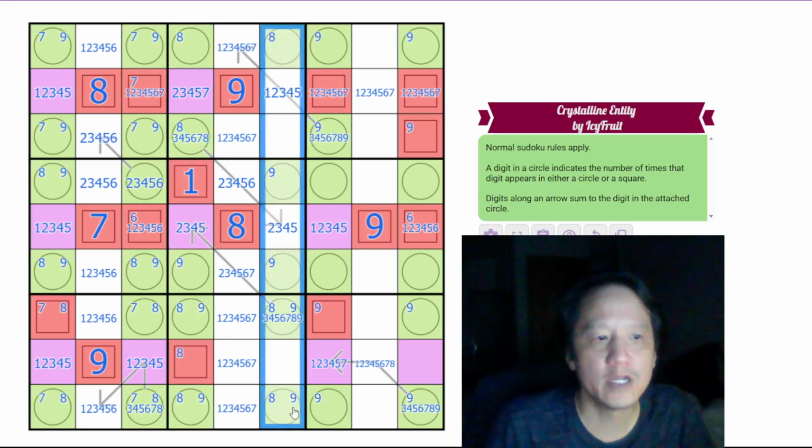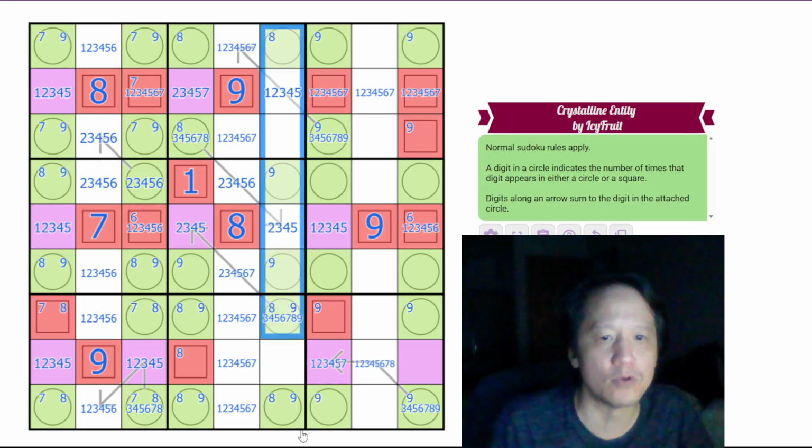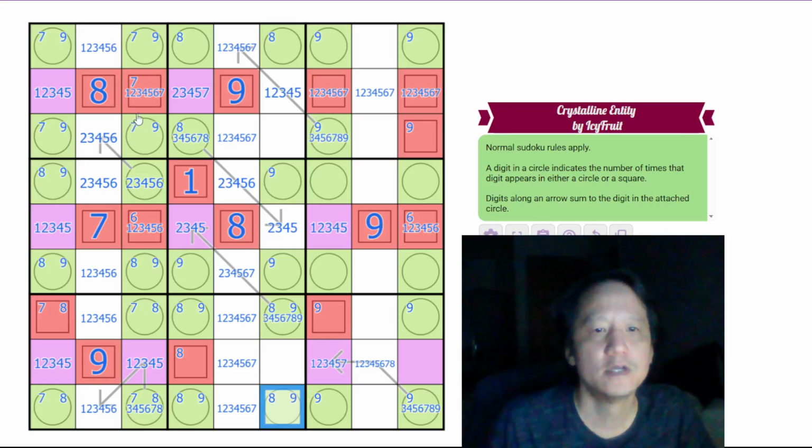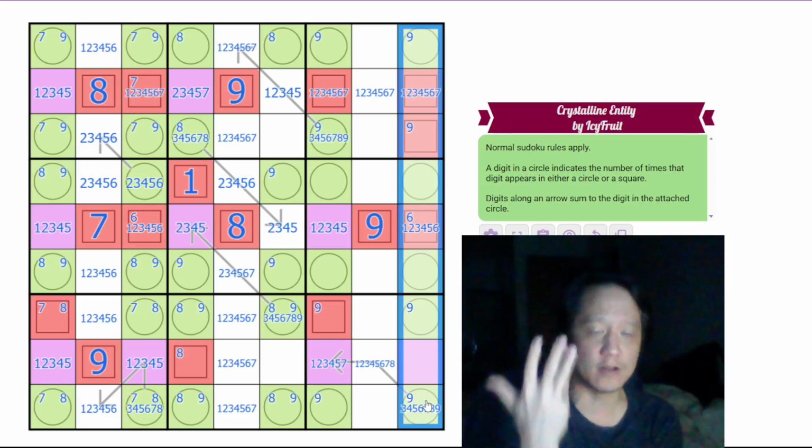So in column 6, you cannot match any of the 2s in a circle or square, because we already have a 2 available in either 1, 3, 4, 7, or 9.